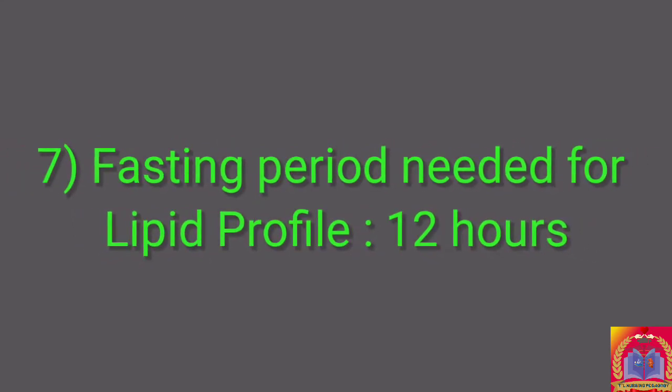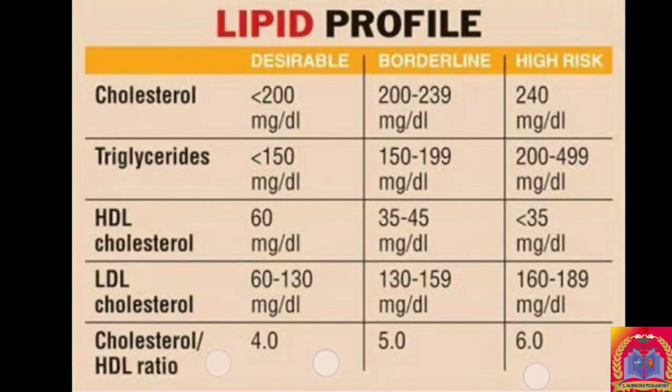So the next point is the fasting period needed for lipid profile, 12 hours. So friends, we have to learn what tests are included in the lipid profile. It is cholesterol, triglyceride, HDL, LDL, and cholesterol to HDL ratio.